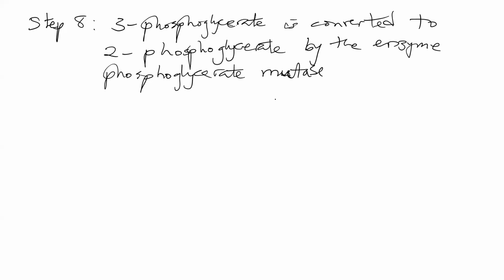So the enzyme is phosphoglycerate mutase, like that. So that's the enzyme that converts the 3-phosphoglycerate. The structures for that. So we start with the 3-phosphoglycerate, which we had produced in step 7.